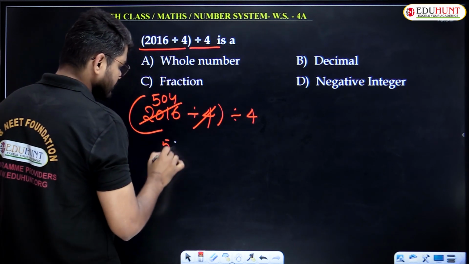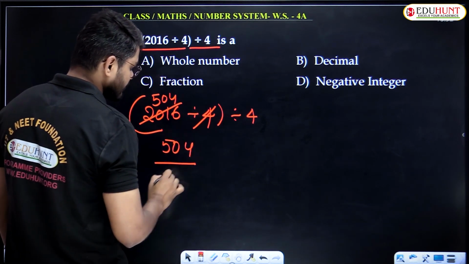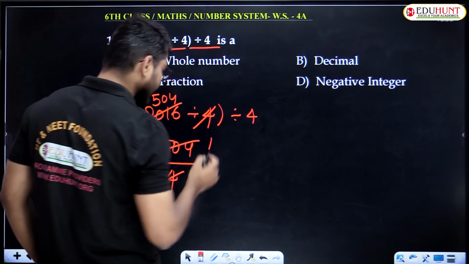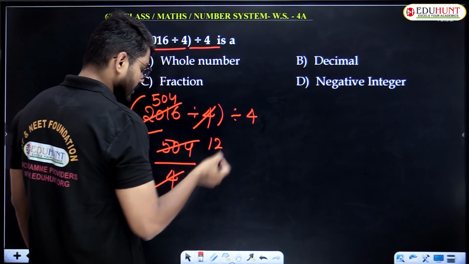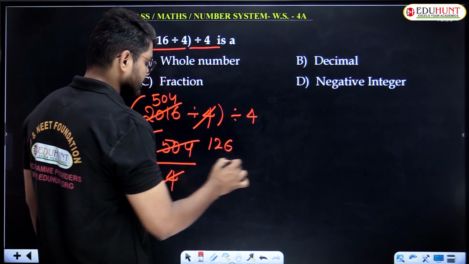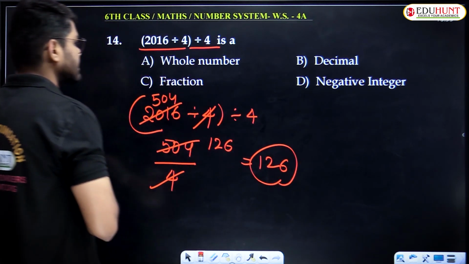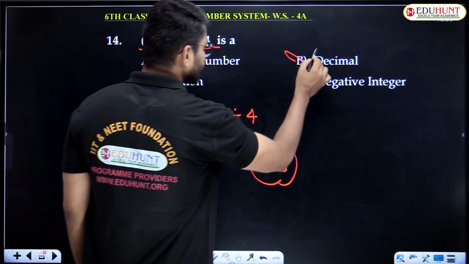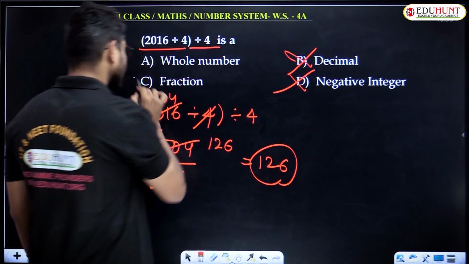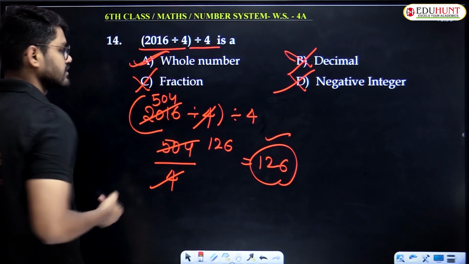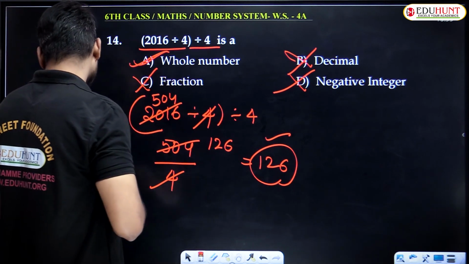This is 504 by 4. Again 4 ones are 4, 10, 4 twos are 8, 24, 6. That is 126. 126 is nothing but... is it a decimal? No. Negative integer? No. Fraction? No. Whole number. So 126 is a whole number. That's why the answer for this question is A. Let's move on to the next one.